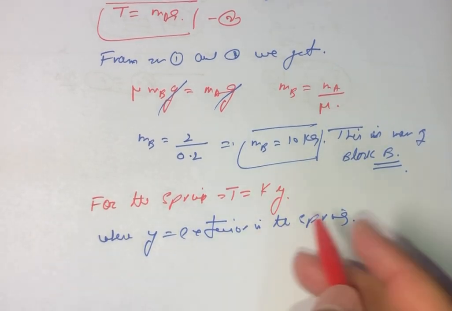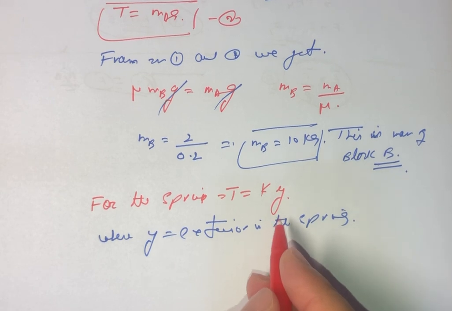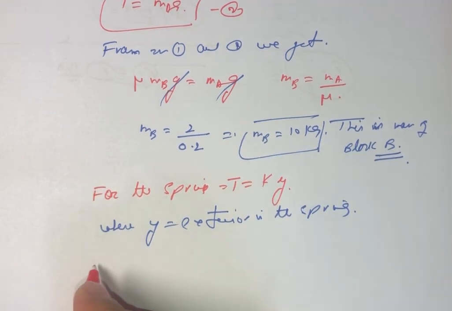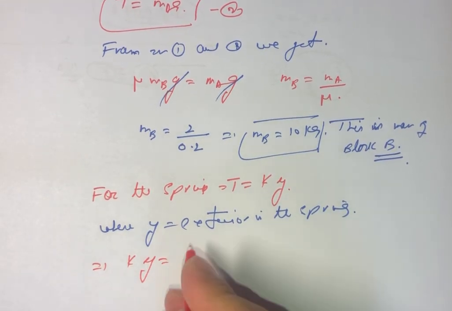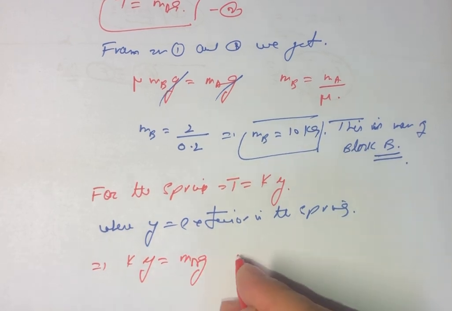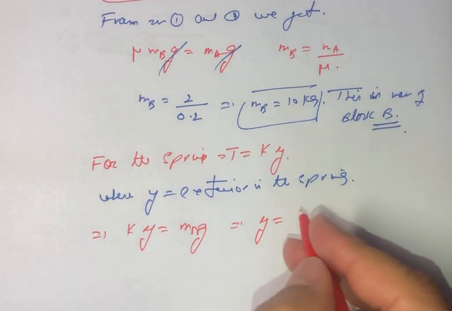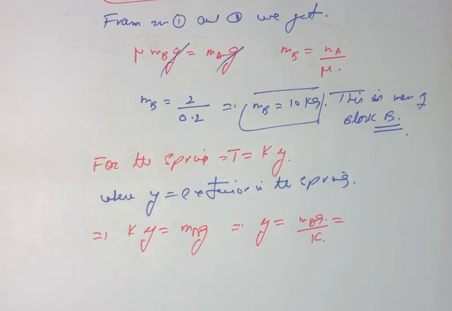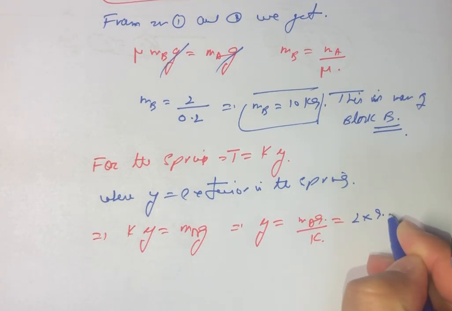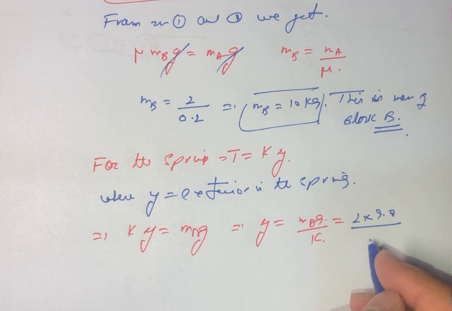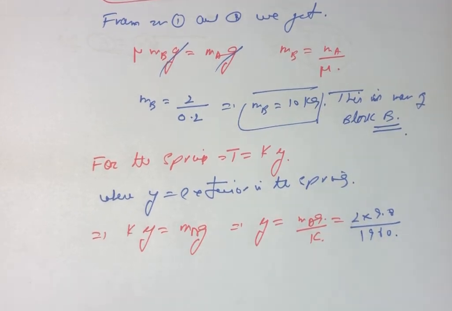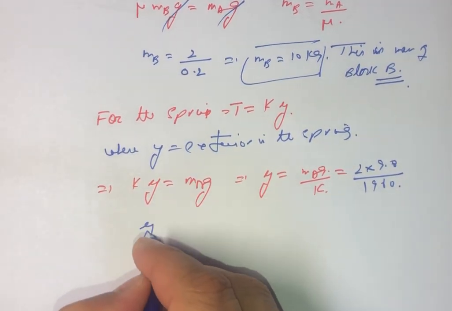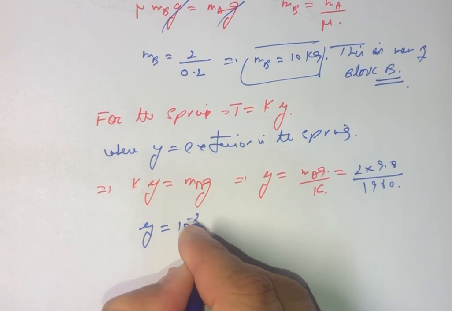So from here we can find the value of Y. We already know tension T is equal to MAG, so we can say KY is equal to MAG. Therefore Y is equal to MAG divided by K. Mass is 2, g is 9.8, and the spring constant is given as 1960. You can see that our Y is 10^-2 meters.